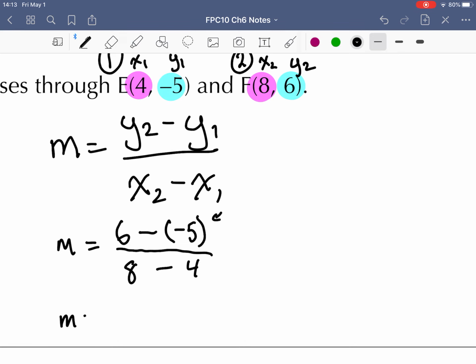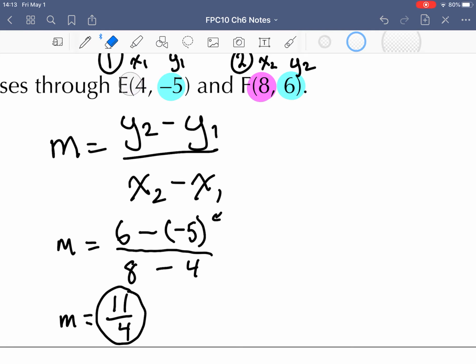It's important that negatives go into parentheses like this. So now our slope is equal to 11, 6 subtract minus 5, over 4. There's our slope. We can't reduce that. That is our slope. Now I'm going to show you a second way to do this.